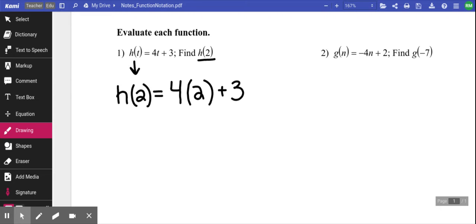Okay. So next part, you're just going to copy down the h of 2 equals, and this is the part where we have to figure out what our output is.